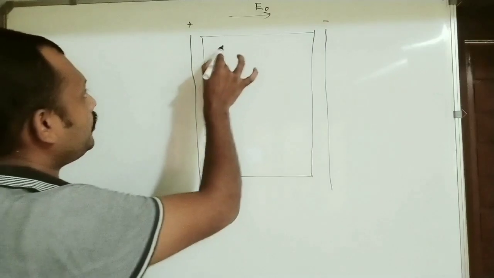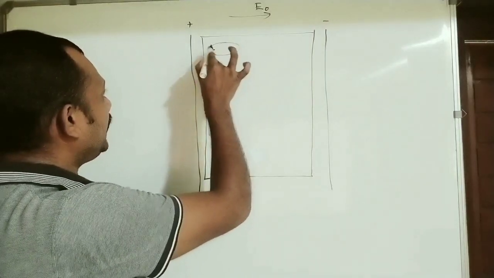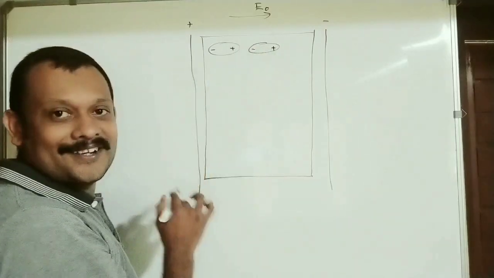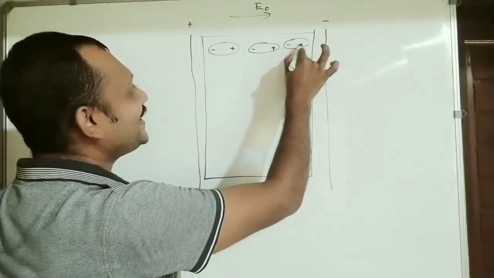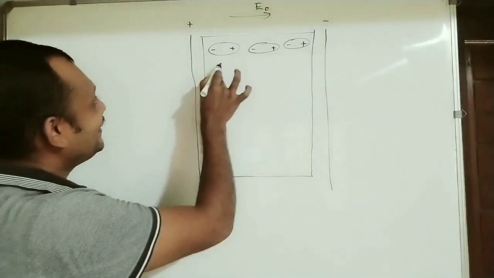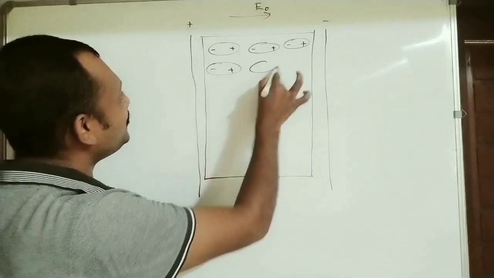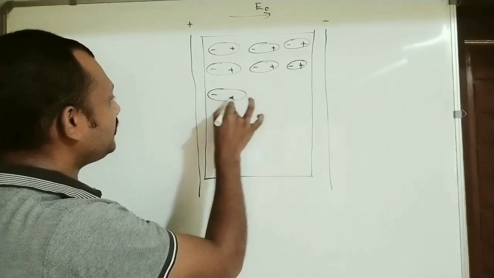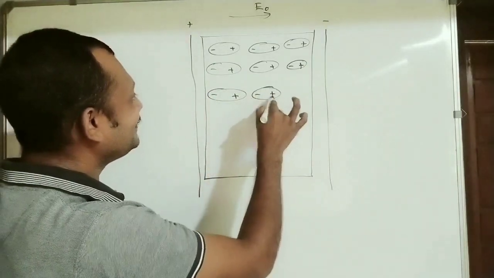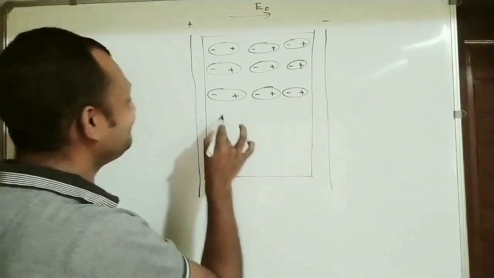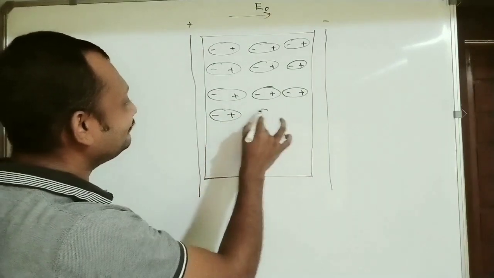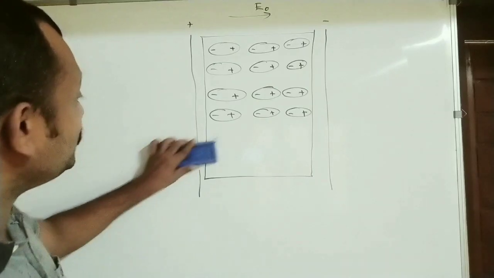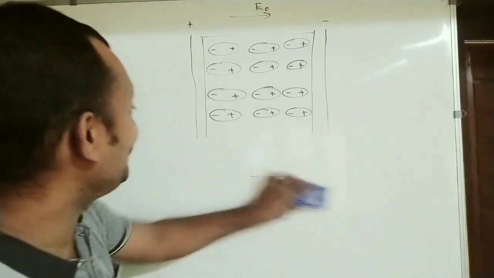Now for a regular orientation: negative, positive, negative, positive, negative, positive, negative, positive. Since I have drawn a bigger figure, I need to draw a bigger one also. Okay, I will reduce to this amount only.